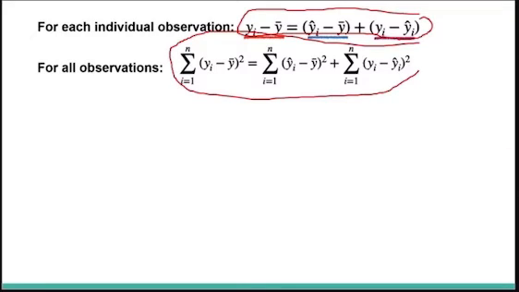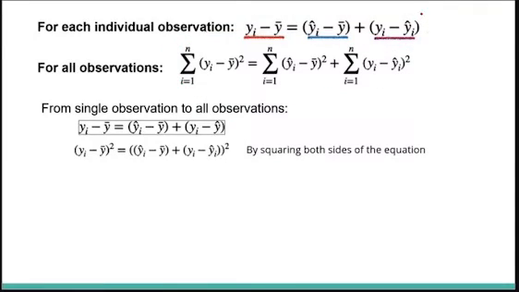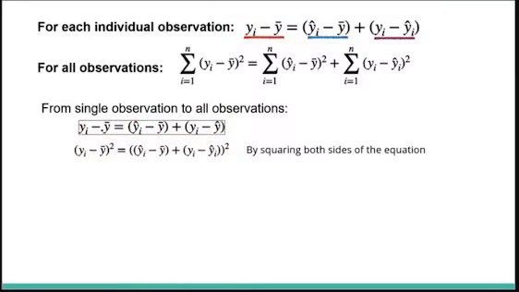Now, judging from that, if I have this expression at the individual level, when I begin to square, I square both sides. I square this side, and I also square the whole of this expression, which is what I have in the second one.